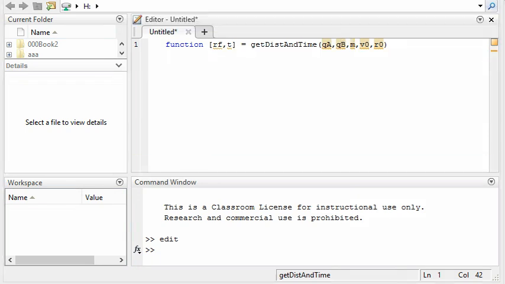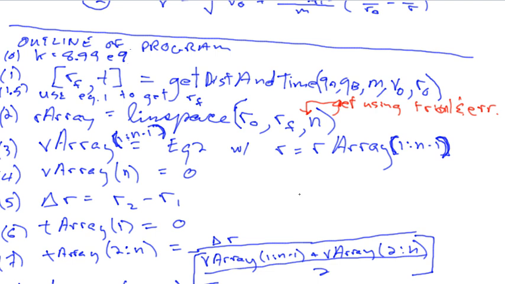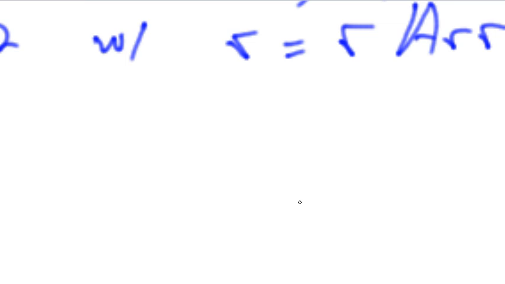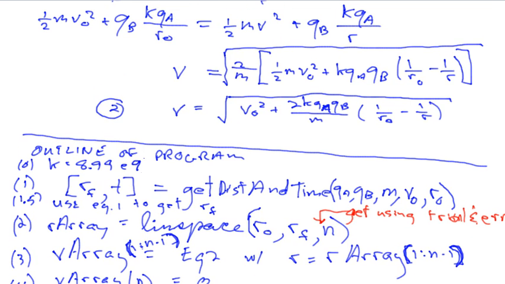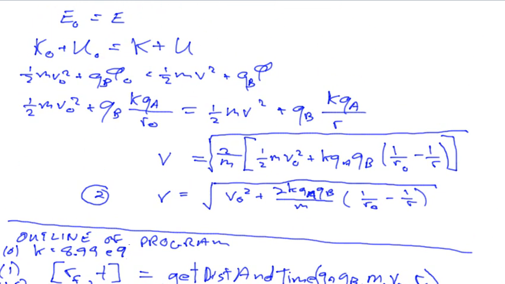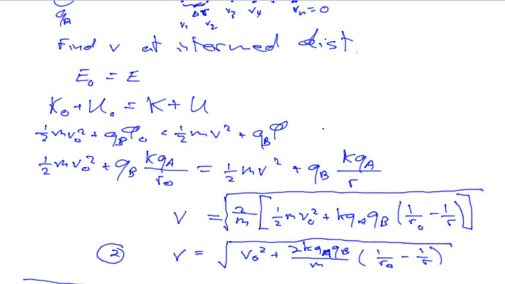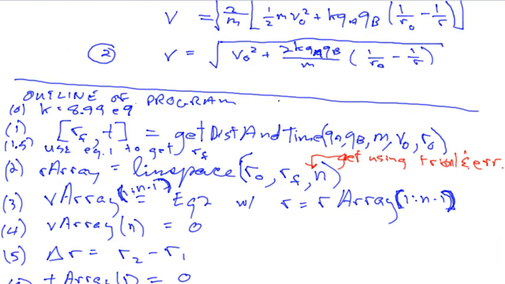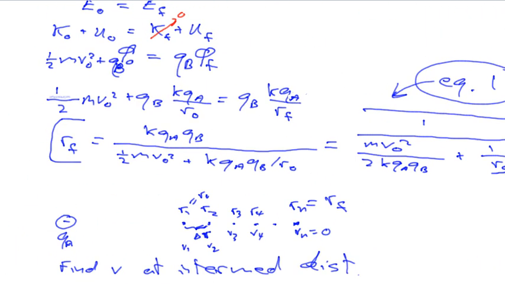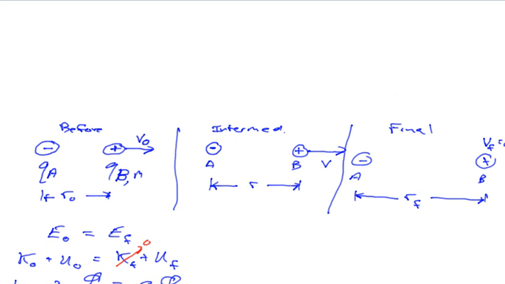I forget which one was which there. Yeah, QA is the fixed one, causing the potential at the location of B, and QB is the moving one. Alright, so QA is fixed, QB is moving. And let's make sure that's the way I got it up here.